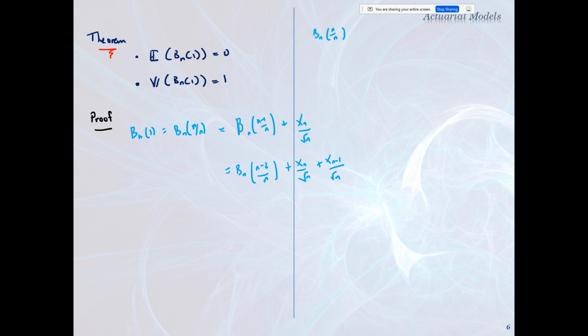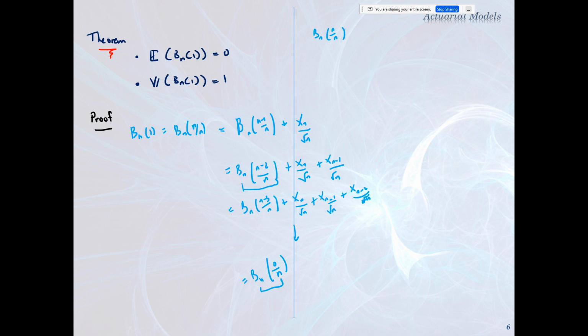I'm still using the same formula. Let me write this in terms of n minus 3 now: B(n minus 3)/n plus xn over square root n plus x(n minus 1) over square root n plus x(n minus 2) over square root n. We go on like this until we have Bn(0/n).